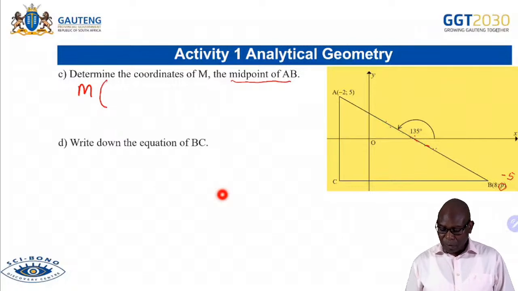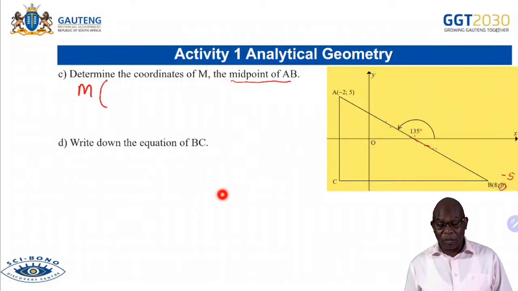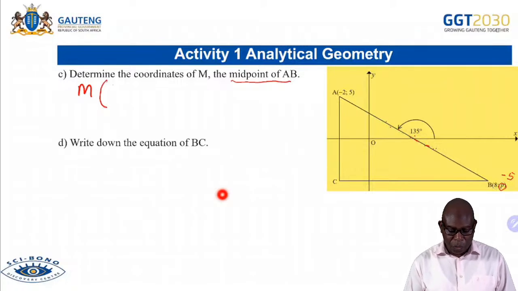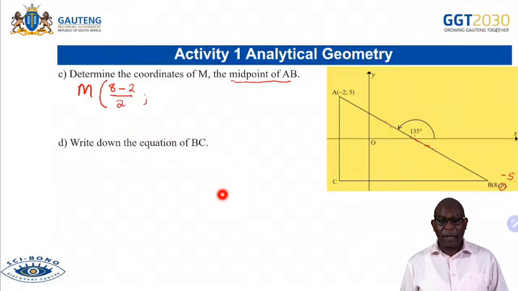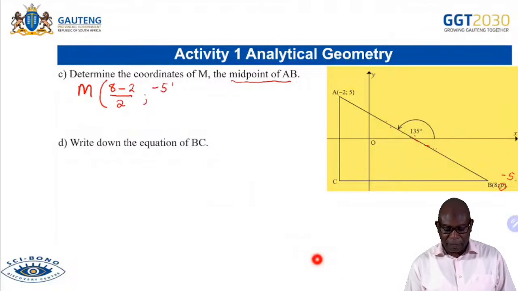So for AB, I'm going to say -2 plus 8. I'm starting with the x values, remember? So it's 8 minus 2 all over 2. The other one will be -5 plus 5, so it's -5 plus 5 over 2.